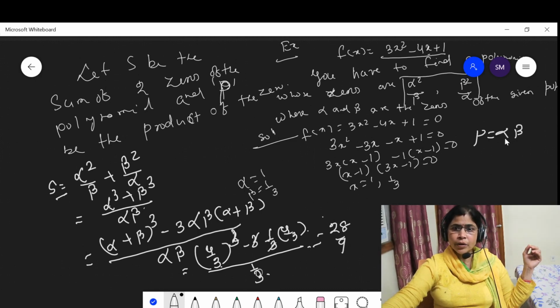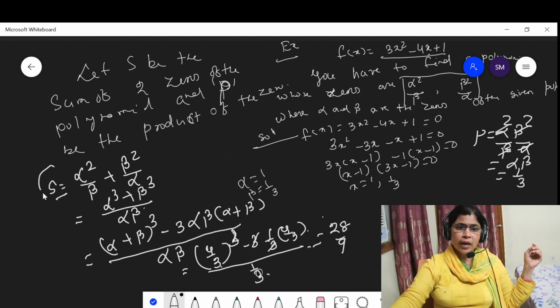And P is equal to alpha into beta, meaning alpha square upon beta into beta square upon alpha. Alpha cancels, beta cancels. This is alpha into beta, which is equal to 1 upon 3. And as we know that S is given and P is given, then the new polynomial, let the polynomial be g(x).